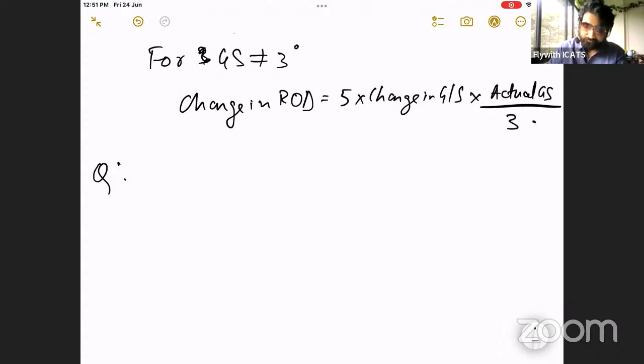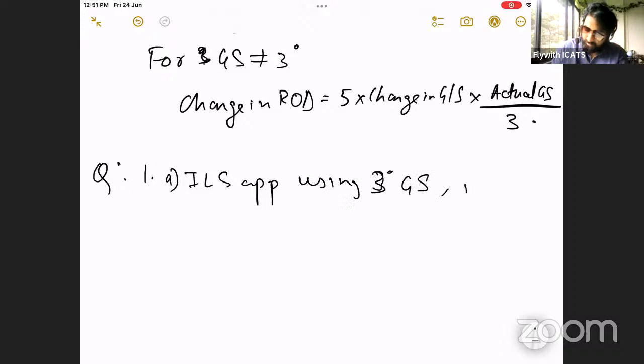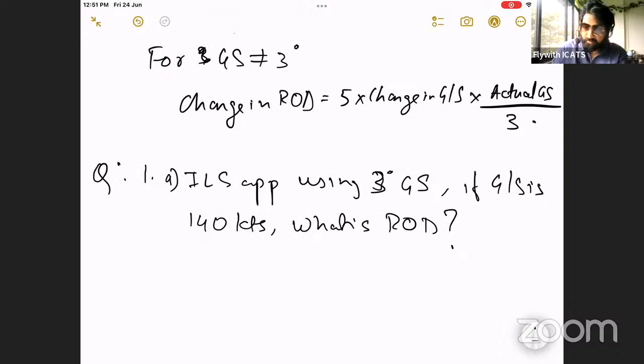Question number 1 is in 2 parts. Alpha: ILS approach using a 3-degree glide slope. If ground speed is 140 knots, what is ROD required?